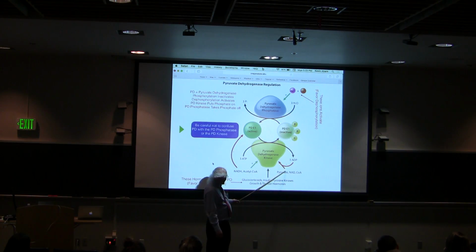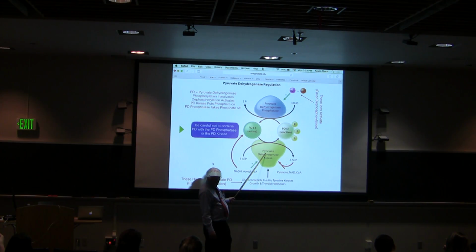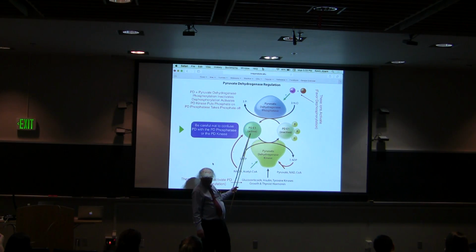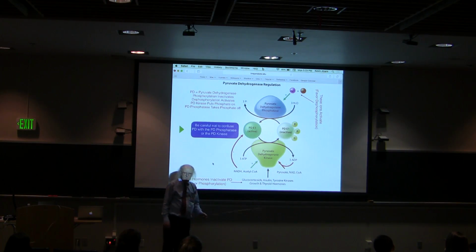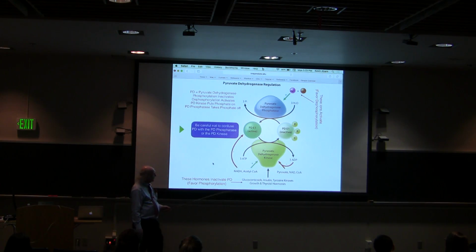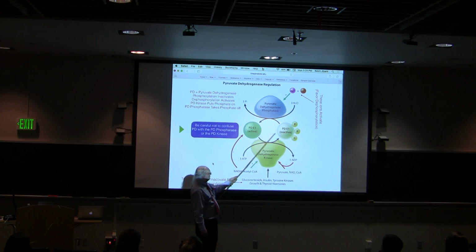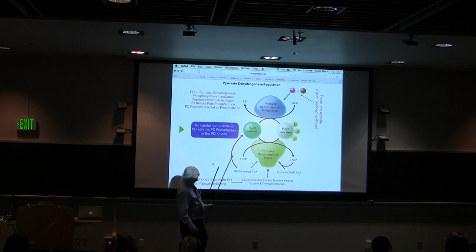That red arrow means that it's inhibiting this, right? The presence of NAD inhibits the kinase, so the kinase can't put phosphate on there, and therefore the enzyme is left in this state. So the figure is not the best one I could have chosen to illustrate this principle. But the important thing here is really just noticing the difference between these two forms. The phosphorylated form is inactive, the dephosphorylated form is active.